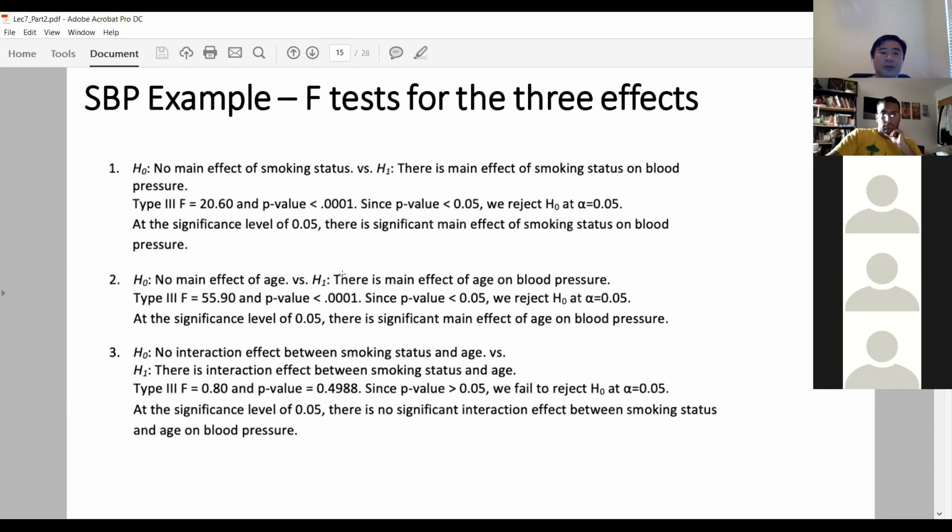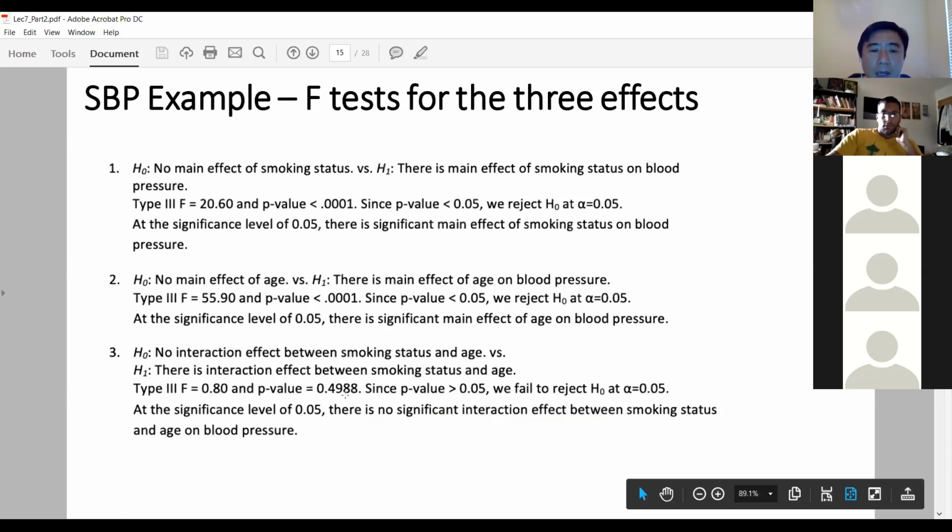So for example, if the interaction term here, in this example, is not significant because the p-value is greater than 0.05, so in your final model, you should remove the interaction terms, and then you need to rerun the model with only the 2 main effects, the main effects of age and the main effects of smoking. And then you should not include the interaction term in your final model.